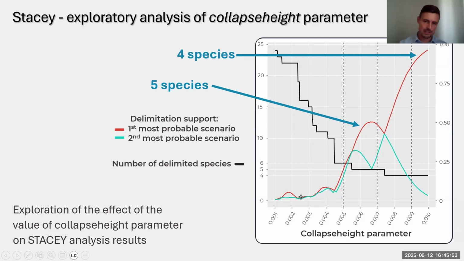But what's important is that the biologically meaningful values of the collapse height should probably be very low, very small, probably so small that none of the scenarios would be supported at all. So my idea was to search for the lowest possible value of the collapse height parameter that would get us at least some reasonably supported scenario.